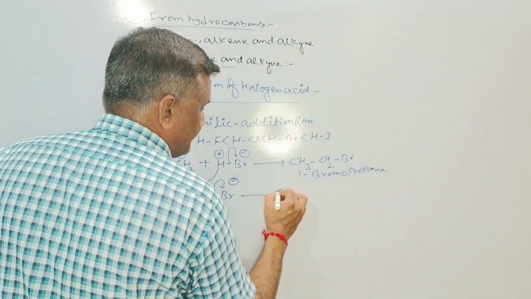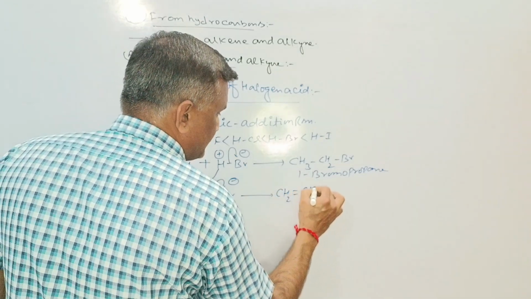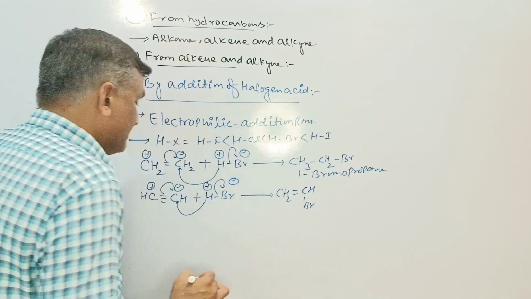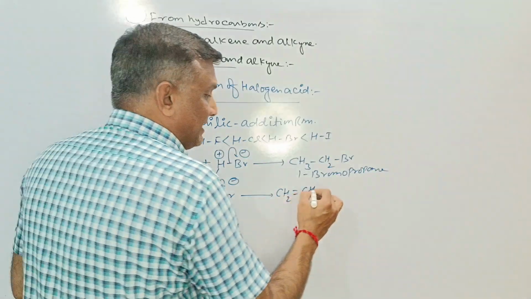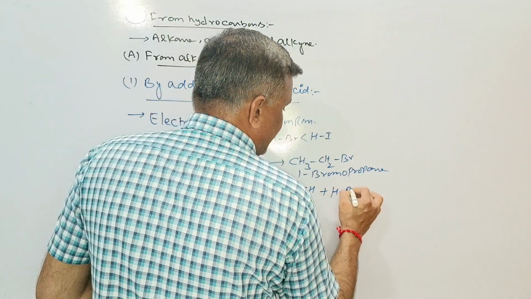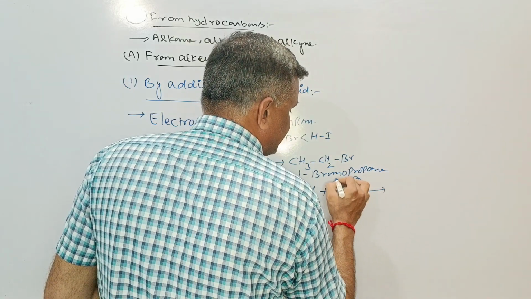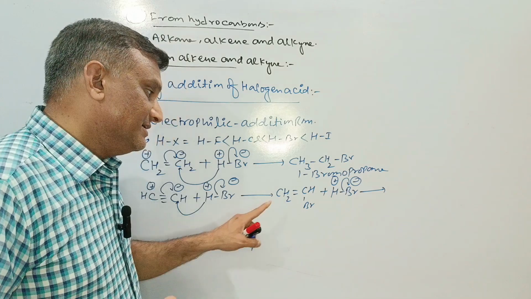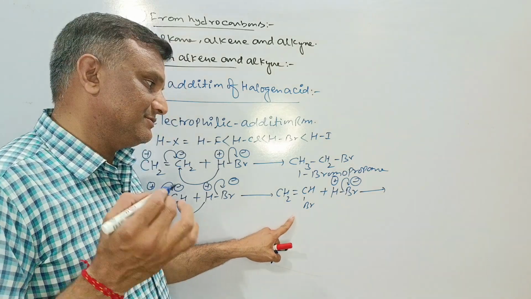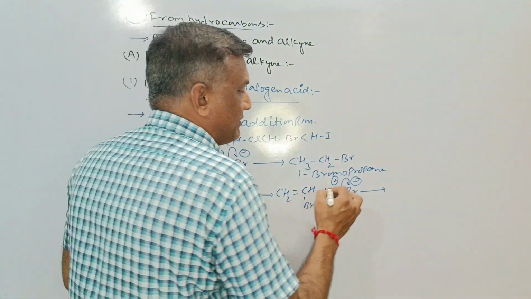So here will be the formation of CH2=CHBr. Further, if HBr attacks again, since the electronegativity of Br is greater than H+, here is the asymmetrical condition, so here will be the formation following Markovnikov rule.